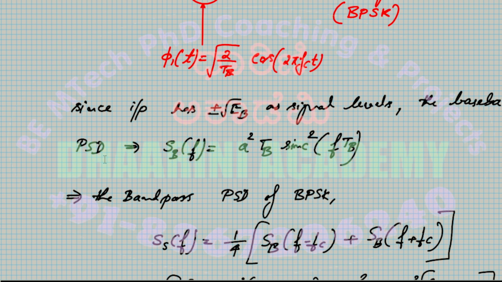Whenever the input has two different levels, the signal is going to have its PSD like this. This is what we derived in the previous chapter, for NRZ format. But now you don't have this as it is. This is getting multiplied by a cos function, so you are converting your baseband into the band pass.